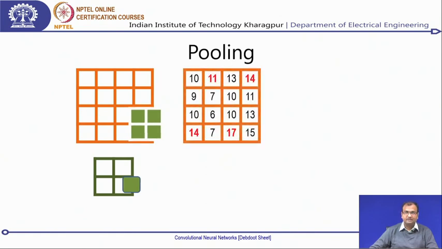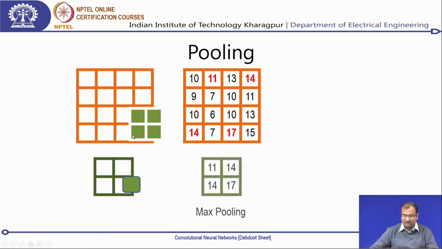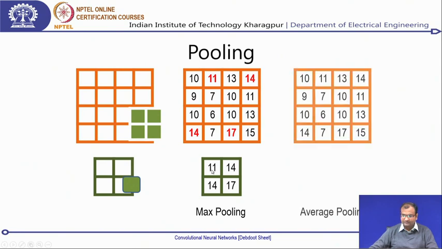Now let's look into a very simple representation of doing this. Say this is the response from one of my outputs, and I have a pooling implemented as max pooling, which means that out of this window, whatever is the maximum value, that is the one I will take. So my max pooling operator is going to return a value of this sort. If I have average pooling, it is going to give me a value which looks something like this.